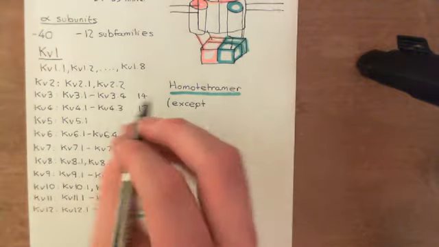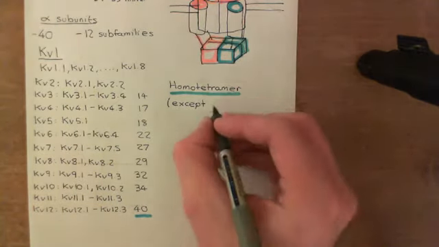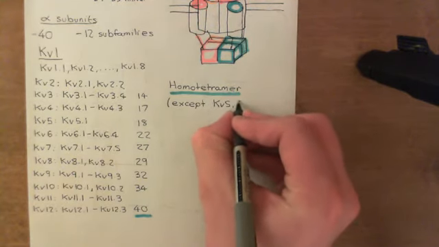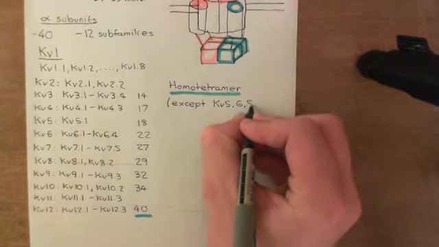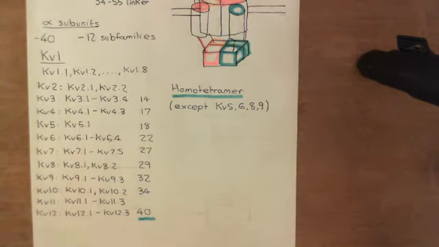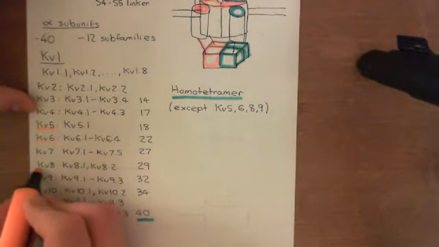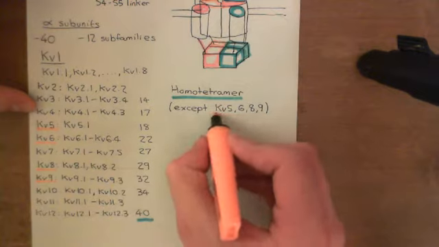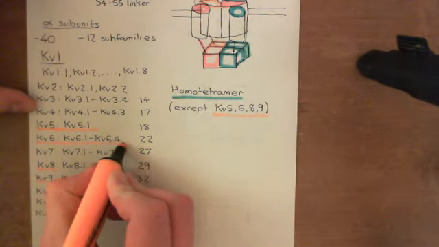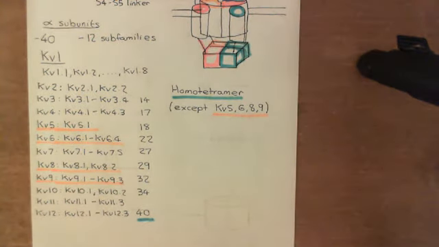There are certain families that cannot form homotetramers: the Kv5 family, the Kv6 family, the Kv8 family, and the Kv9 family. If I underline these, here is 5, here's 6, here's 8, and here's 9. The members of these 4 families cannot form homotetramers.